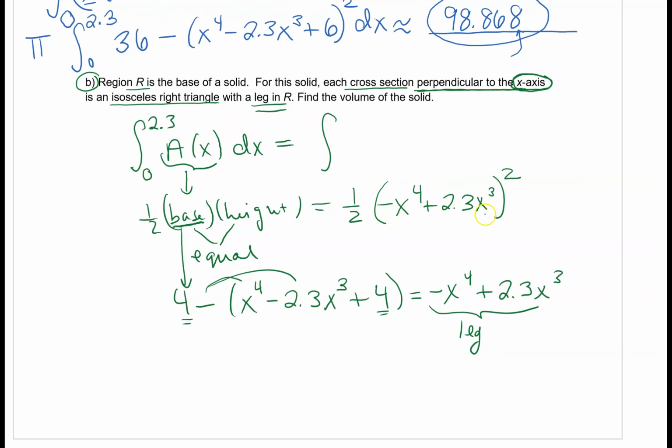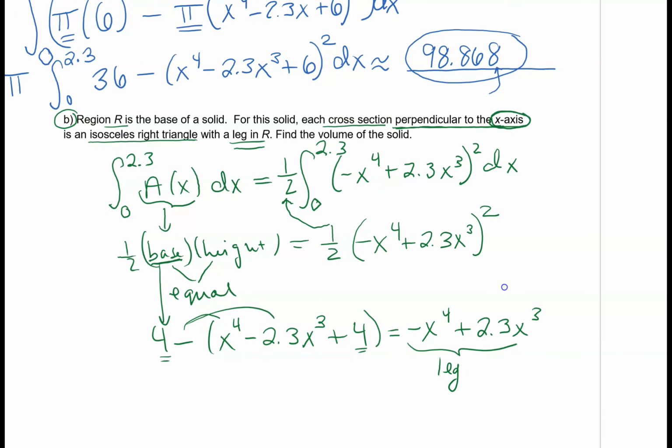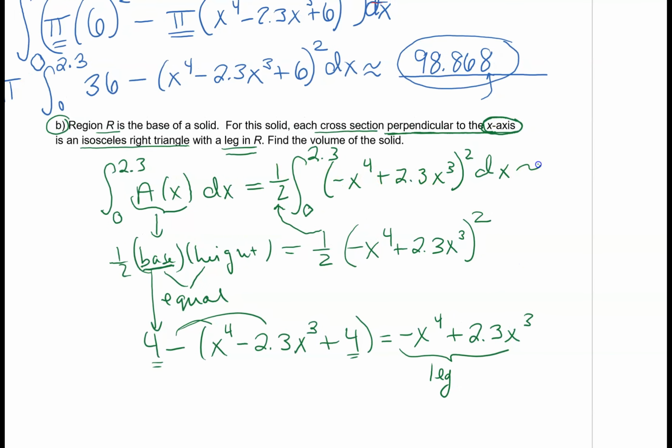Leg times height, but they're equal to each other. And I'm integrating that from 0 to 2.3. I'll go ahead and pull the 1/2 out in front and just have this expression in my integral squared. And then I'll integrate that with respect to x. This question was also on the calculator part, so we can go ahead and evaluate this on our calculators.